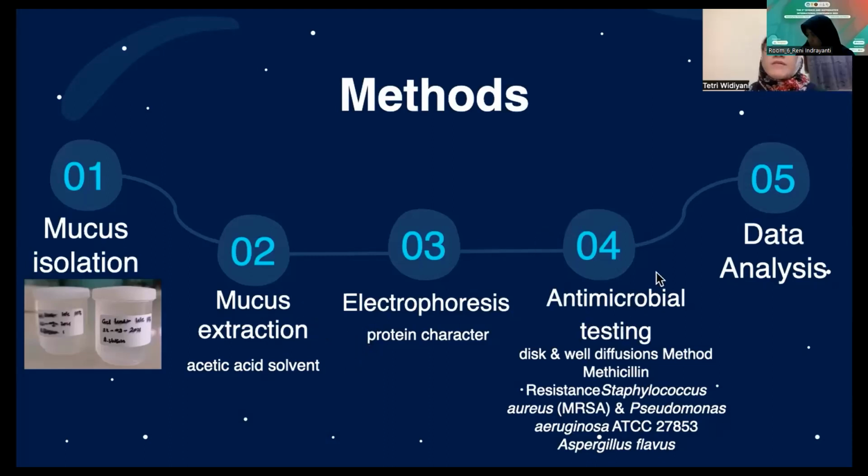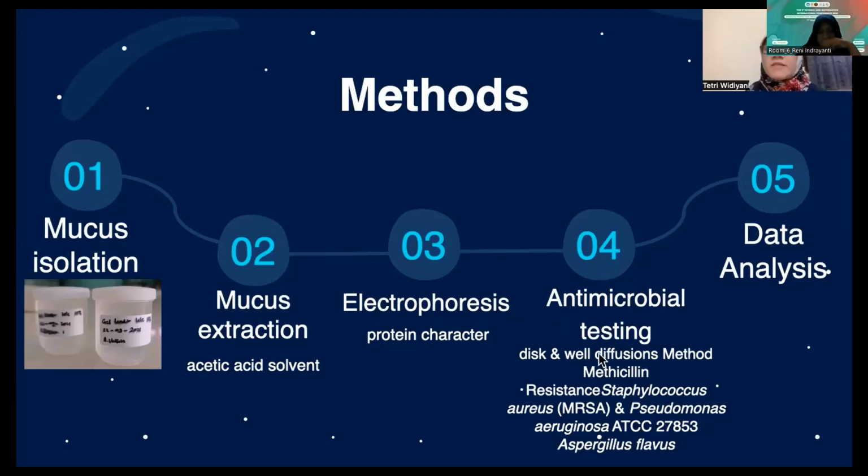In the fourth step, we carry out the antimicrobial activity testing. We use 2 species of bacteria: methicillin-resistant Staphylococcus aureus, or MRSA, and Pseudomonas aeruginosa ATCC 27853.